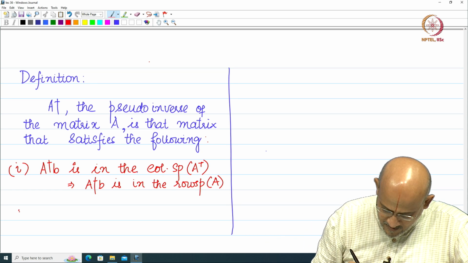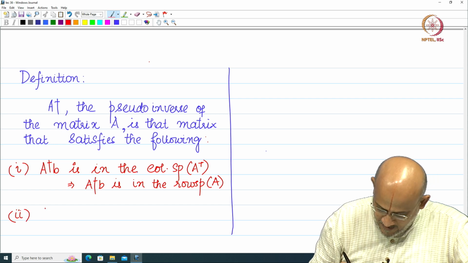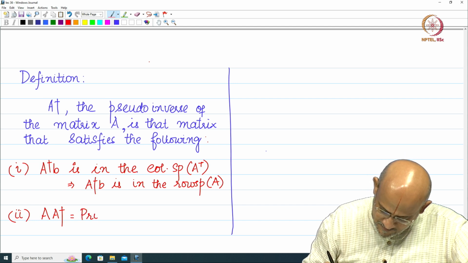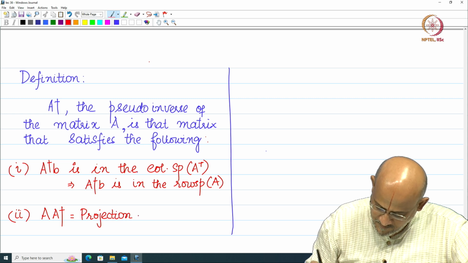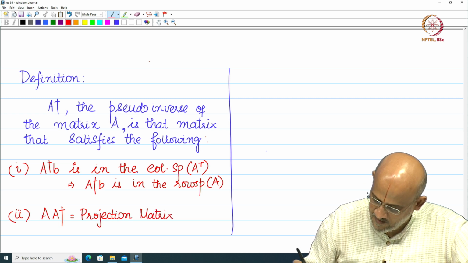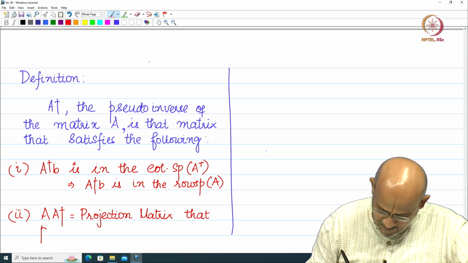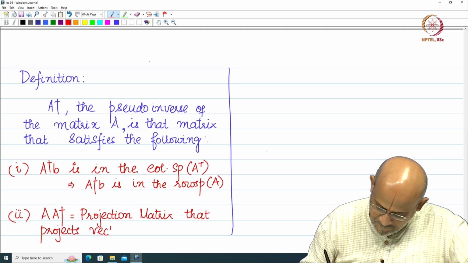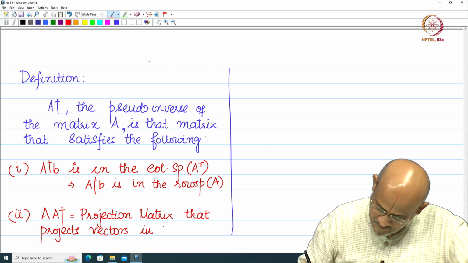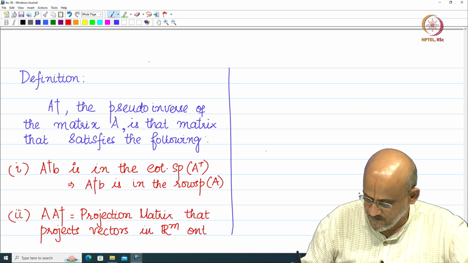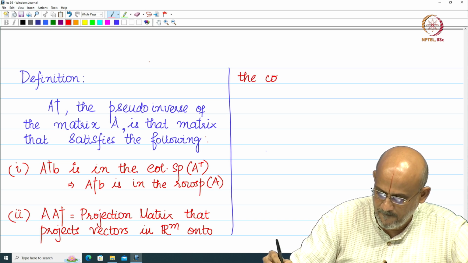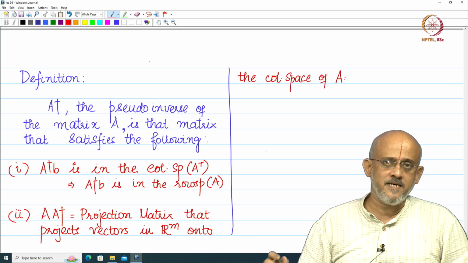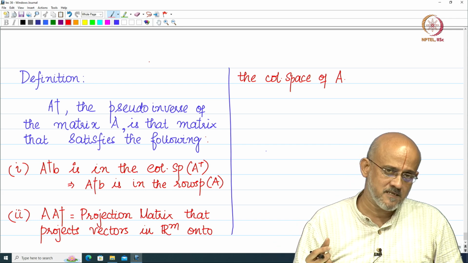And the second is the most important property, where A times A pseudo inverse is a projection matrix that projects vectors in R^m onto the column space of A. So, these are the two properties that a pseudo inverse matrix must satisfy.